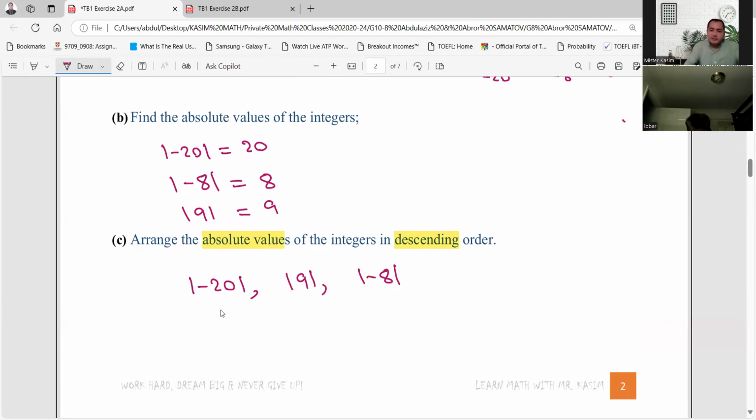Because the absolute value of negative 20 is 20, that is greater than 9, that is greater than 8, right? In this case, 8 is less than 9, 9 is less than 20, from smallest to biggest.